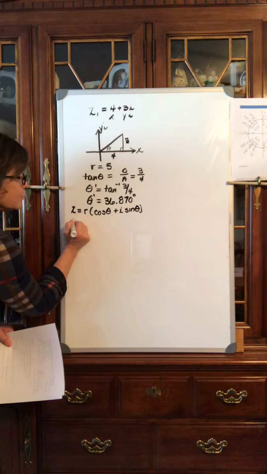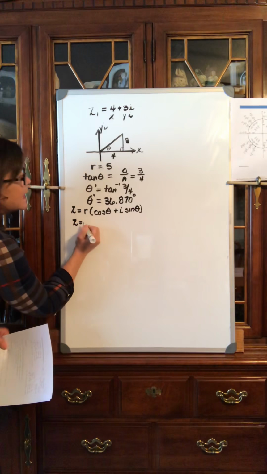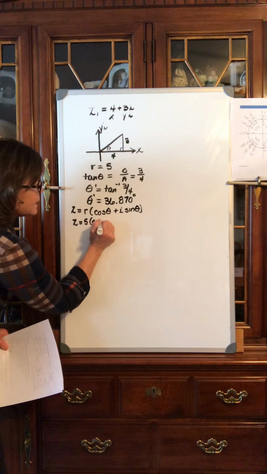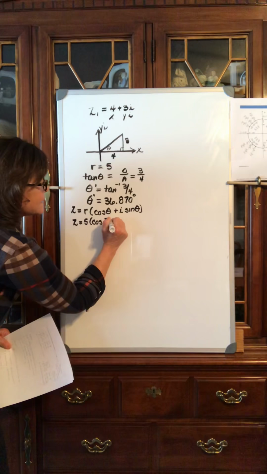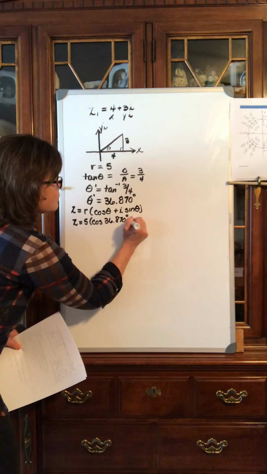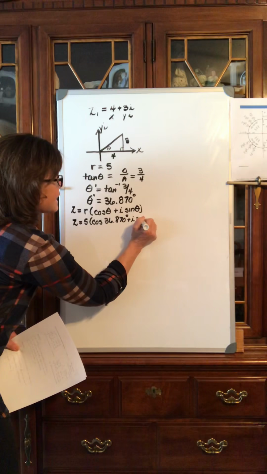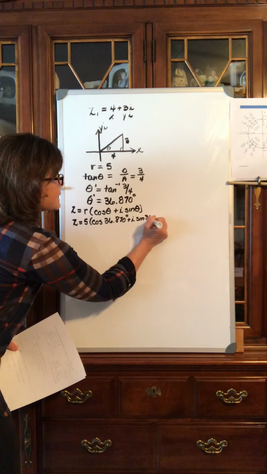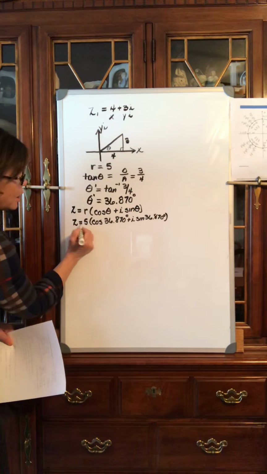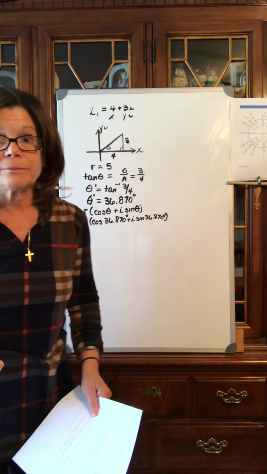The trig form of this complex number, r is the hypotenuse, it's 5, times the cosine of 36.870 degrees plus i times the sine of 36.870 degrees. So we're going to call that our Z1.